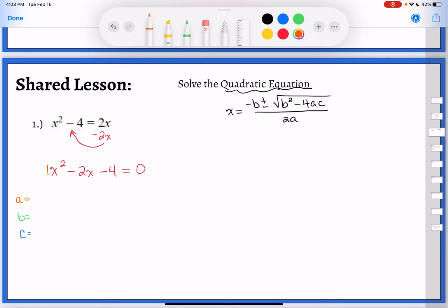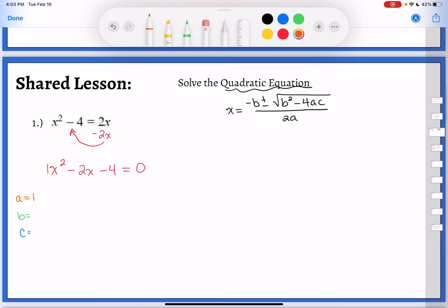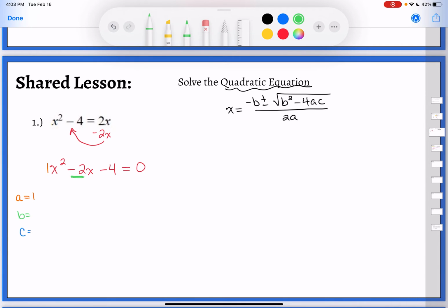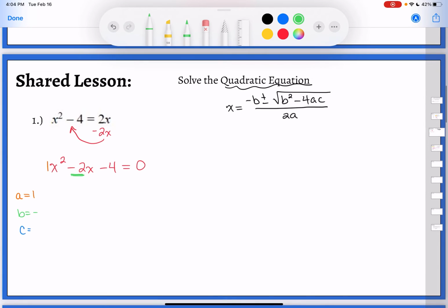Since there's no number written, remember that that's the invisible 1. But notice a is just 1. It's not 1x squared. There's no x's in a, b, and c. It's only the coefficients. B is the coefficient of x, which would be negative 2. The negative goes with the number there. C is the plain number. C is negative 4. Okay?